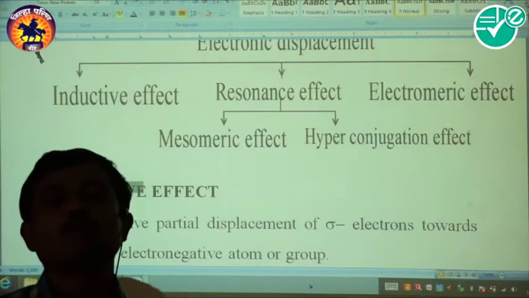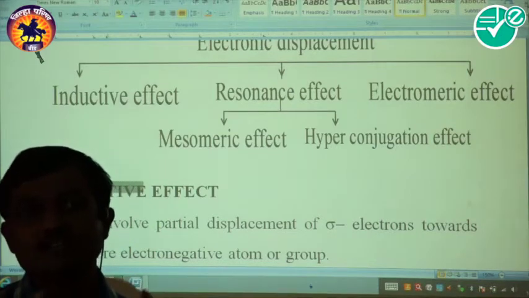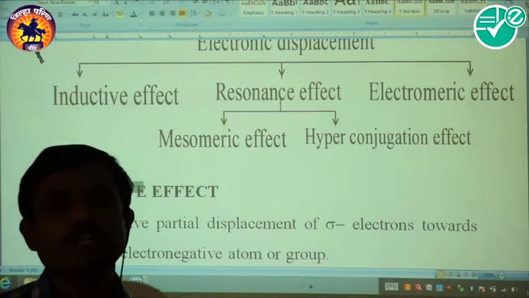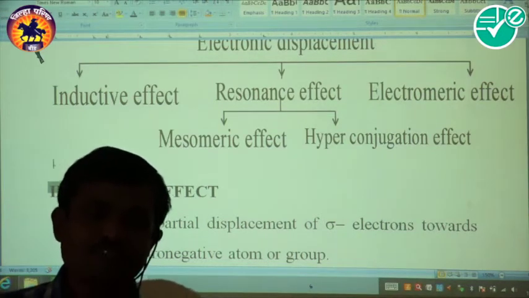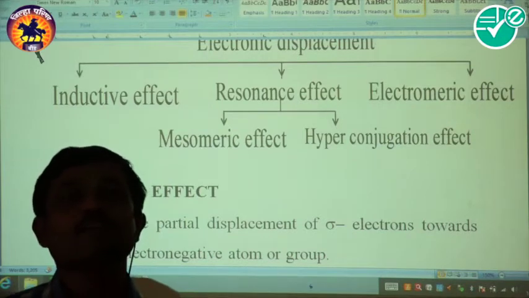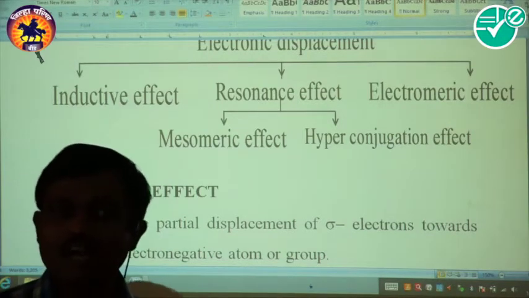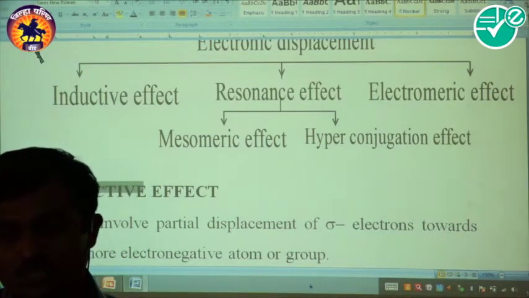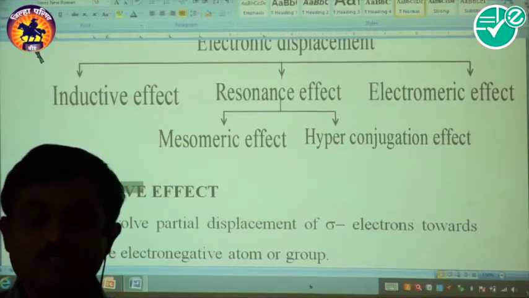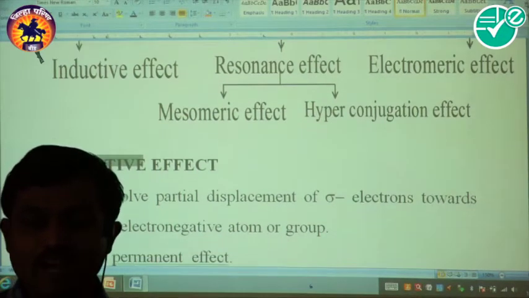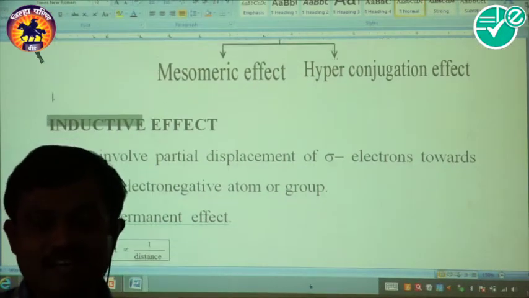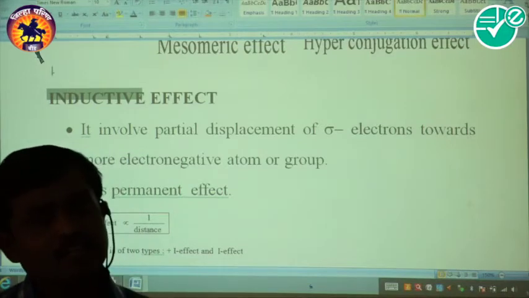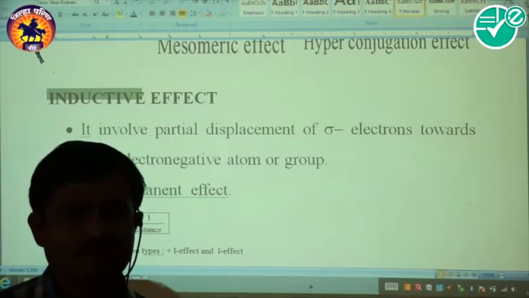Because of that, the more electronegative atom attracts the shared pair of electrons towards itself, and it carries the partial negative charge and the other carries the partial positive charge. The shared pair between these atoms of different elements having a large difference in electronegativity gives an effect that is permanent, because the electronegativity is permanent.